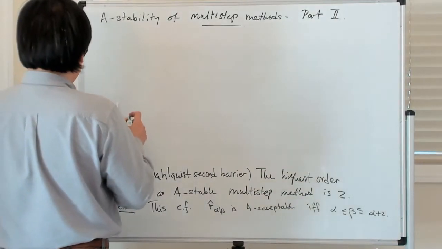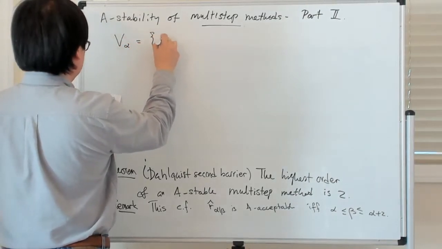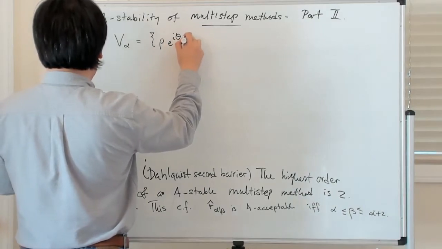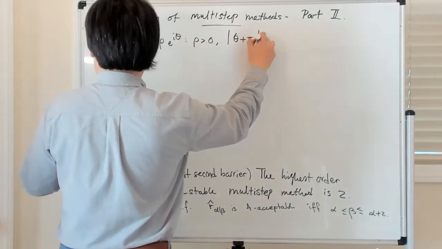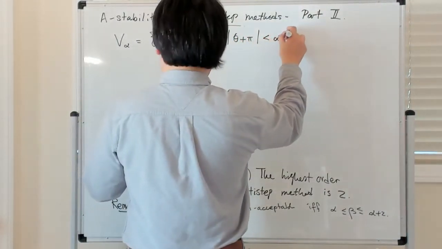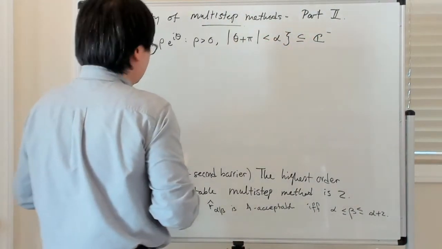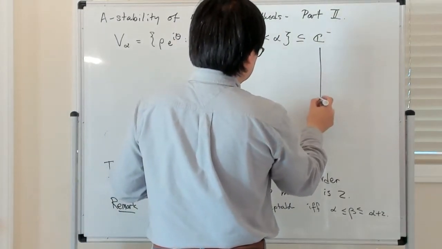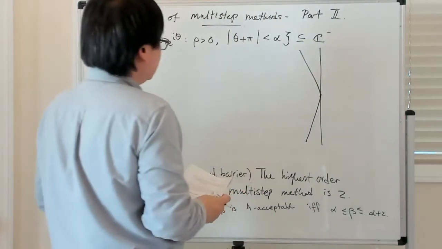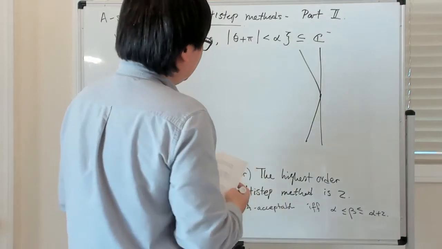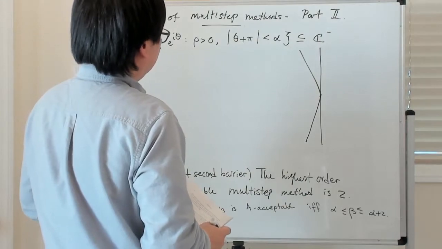You can check that there exists some domain, let's call it V alpha, which is a set of rho e to the i theta, such that rho is greater than 0 and the absolute value of theta plus pi is less than alpha. Okay, and this is of course contained in the complex plane. So you don't quite have the entire left half plane, but you have basically a wedge, which is still pretty useful.